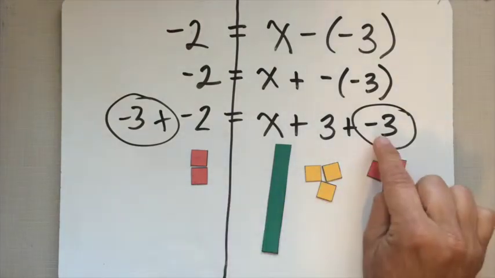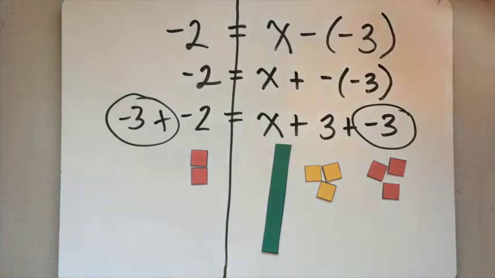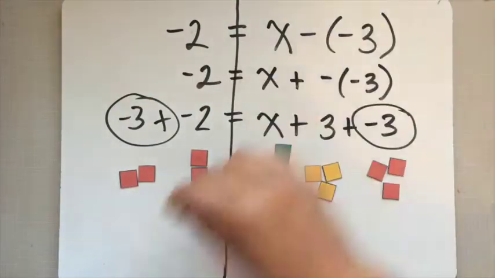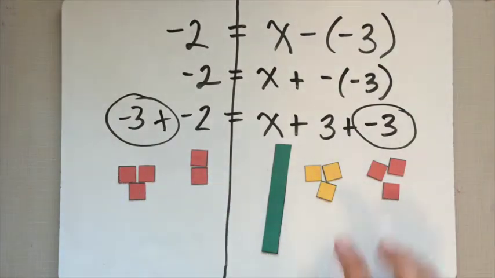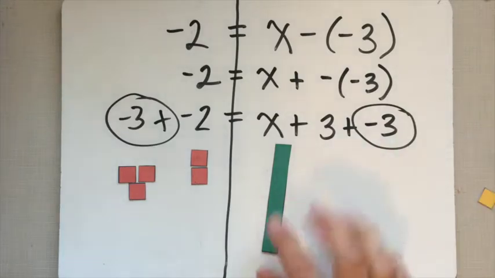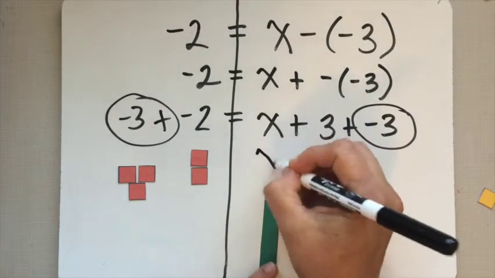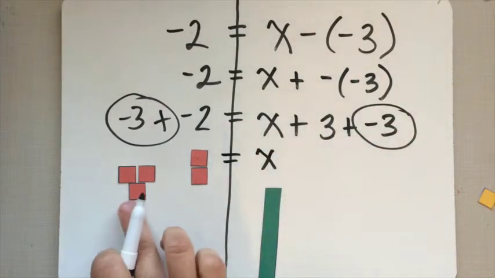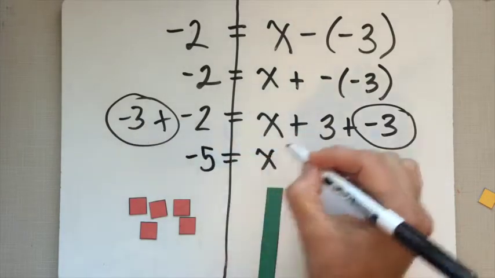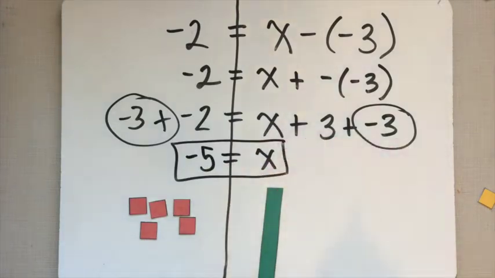Here, because I added 3 negative ones to this side, I'm going to add 3 negative ones to this side. When I combine like terms over here, as I planned, these ones are all eliminated, and I'm left with 1x. And over here, I've got 3 negative ones combined with 2 negative ones, which gives me 5 negative ones altogether.